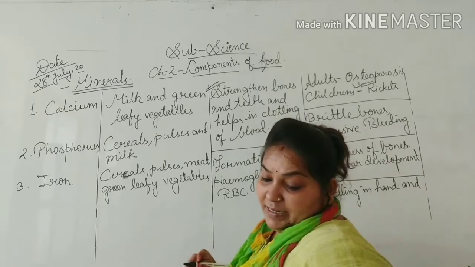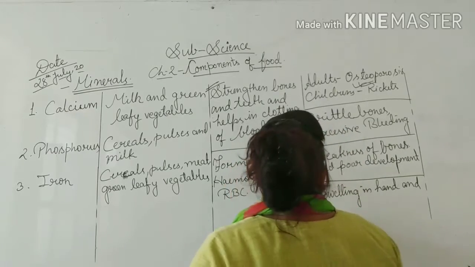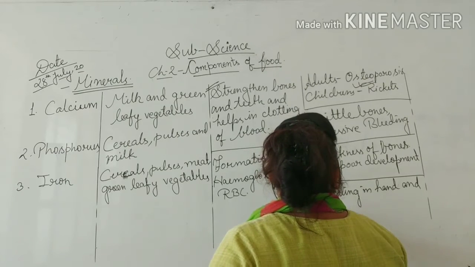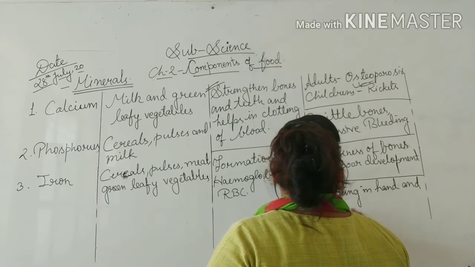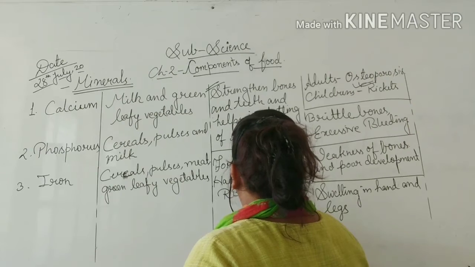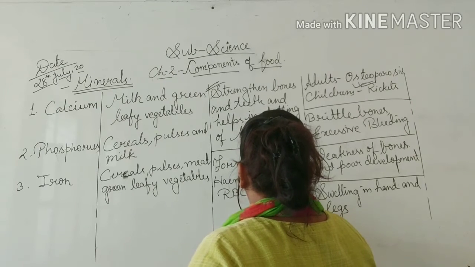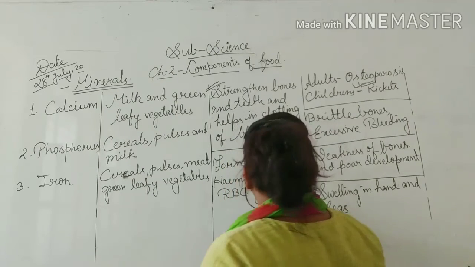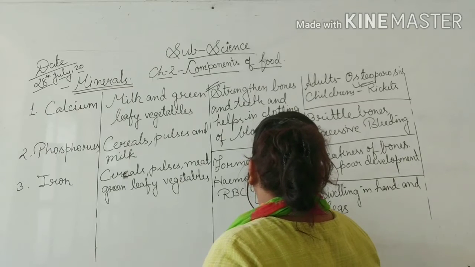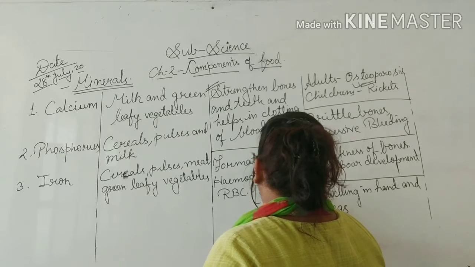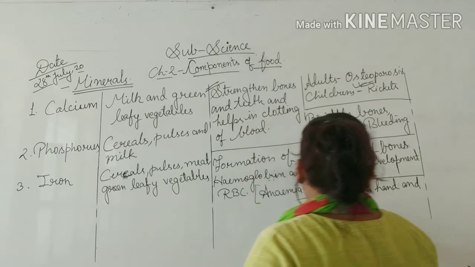And the disease is anemia. These are the symptoms, and the disease caused is anemia. Anemia is the disease caused by iron deficiency.